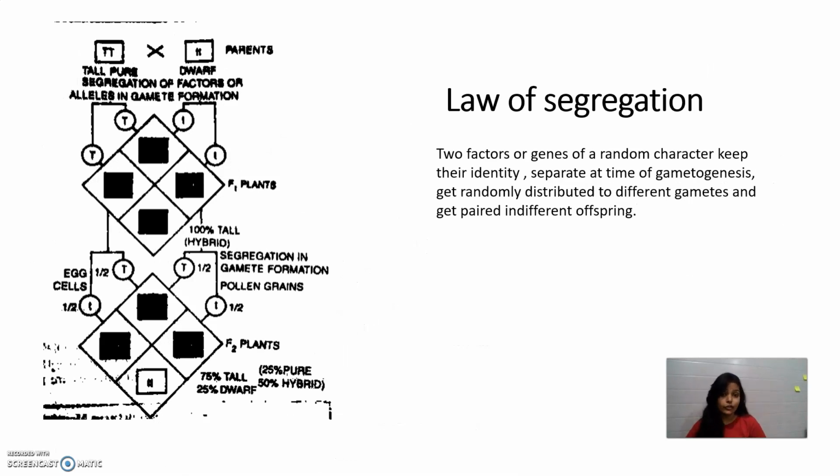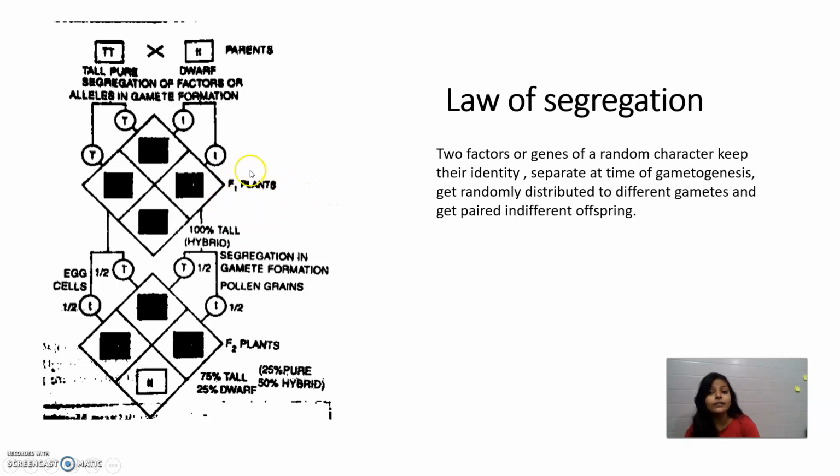Towards the law of segregation. The law of segregation says that each factor or allele has its independent identity. They separate at the time of gametogenesis and reunite at the time of the formation of the zygote or in different offspring. Here you can see that all the F1 plants are hybrid tall.